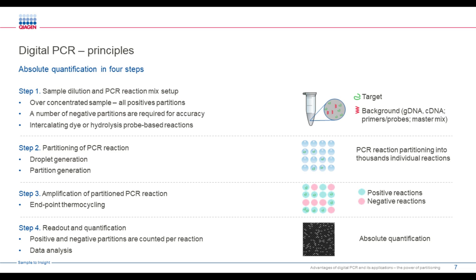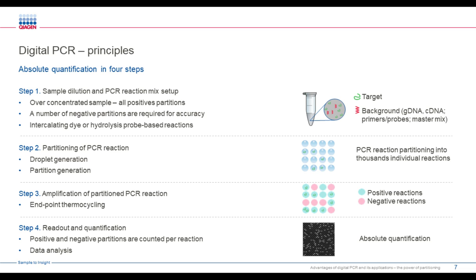It also follows the normal PCR setup. So we have a bulk sample, our template, where we put in a master mix and our primers, which are specific for the sequence we are looking for. The only difference is that we are not performing the PCR in bulk.